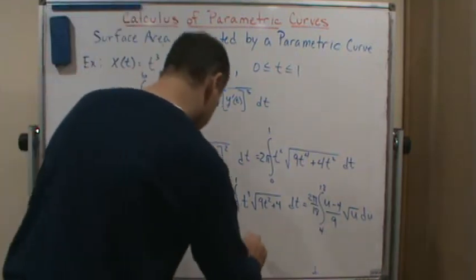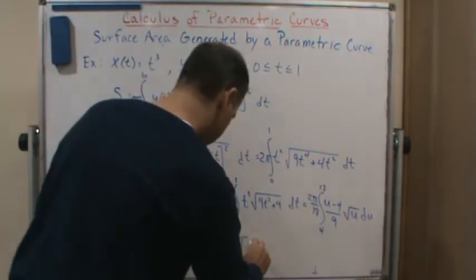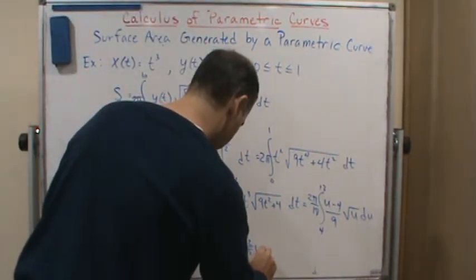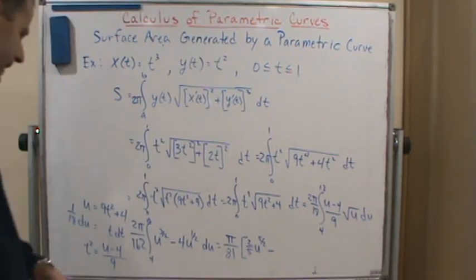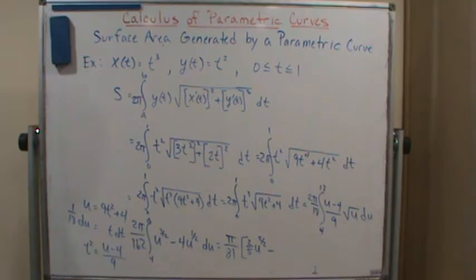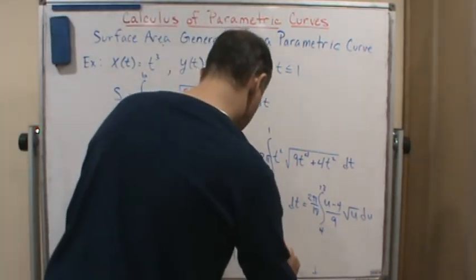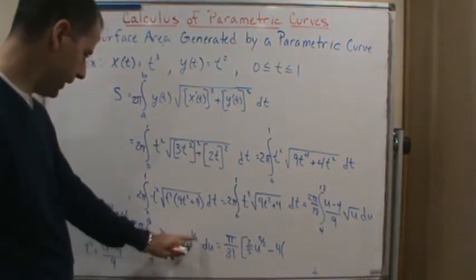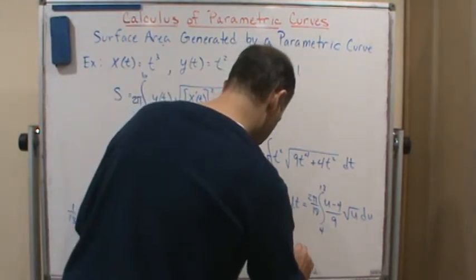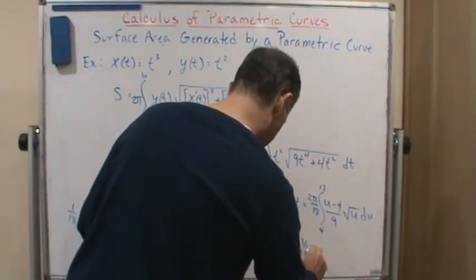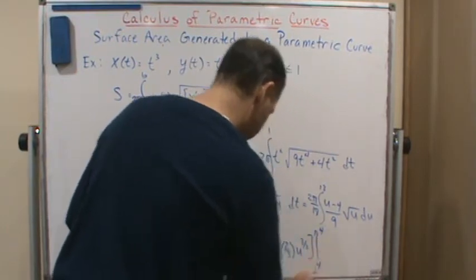So this is going to give me 2/5 u to the 5 halves minus 4 times, so this is going to be 3 halves, so 2/3 u to the 3 halves. And that's going to be from 4 to 13.